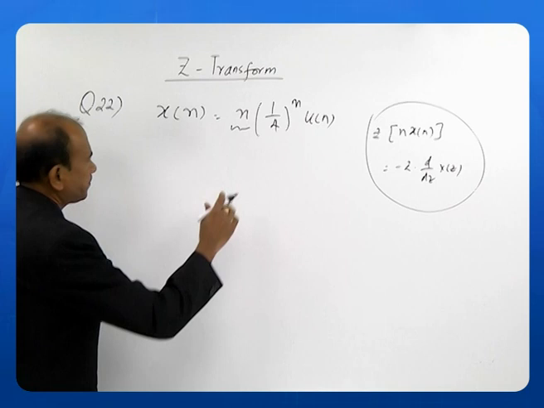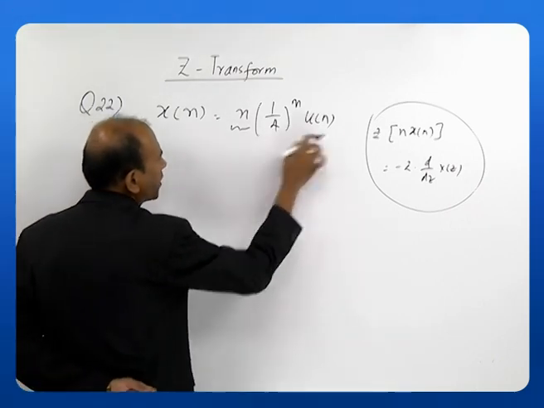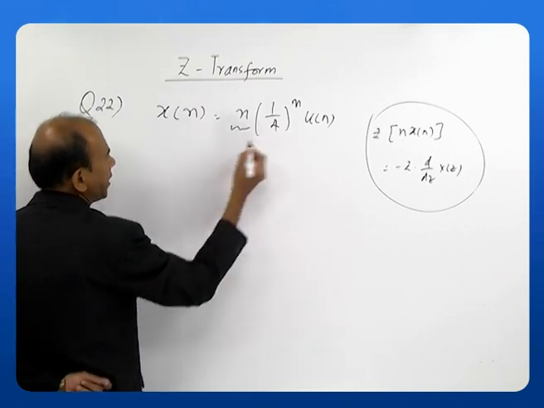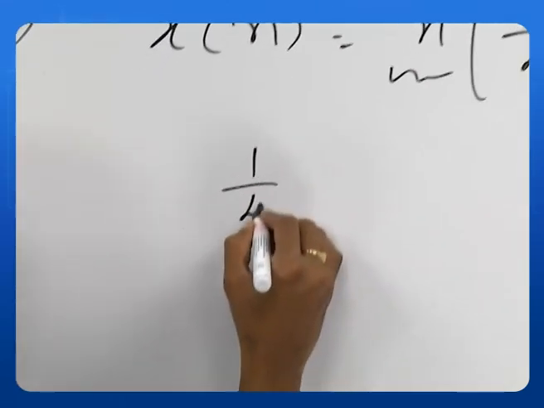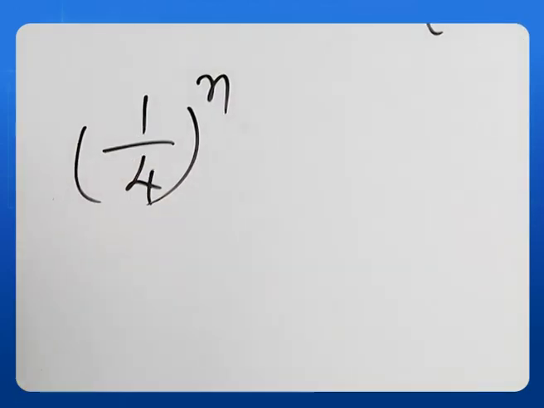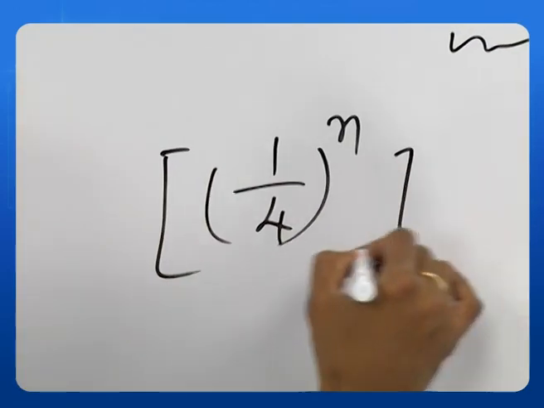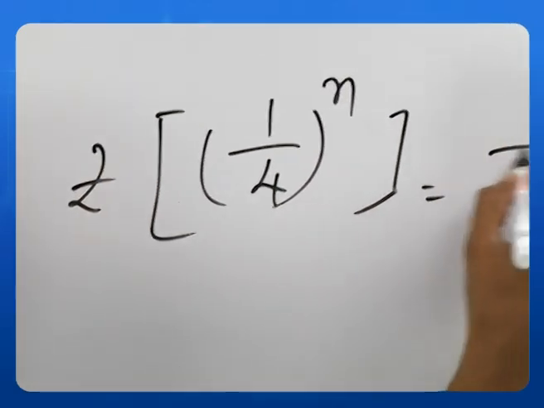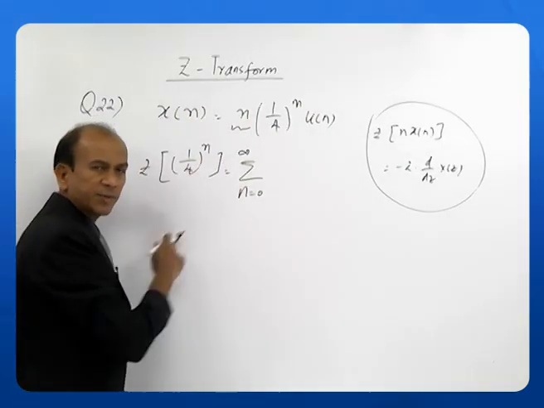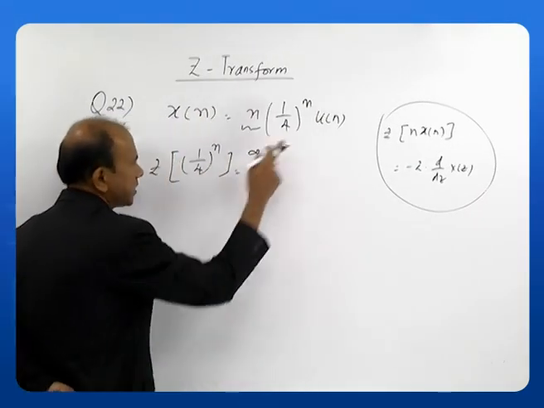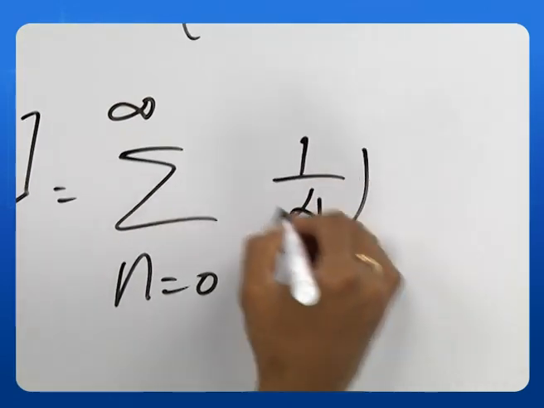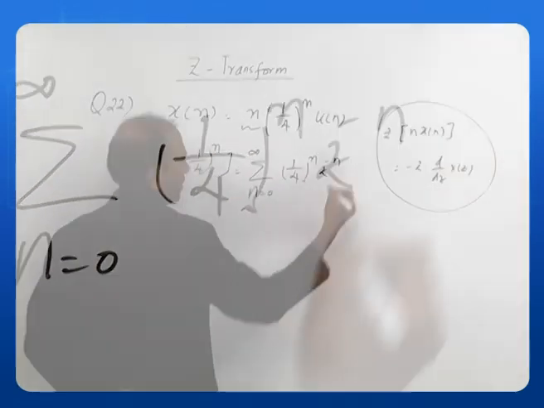So now let us see. First of all, let us find out what is the z transform of this. So let us just write down this 1 by 4 to the power of n, u of n, that means n greater than or equal to 0. Z transform of this will be summation n is equal to 0 to infinity, because this is greater than 0, so n is equal to 0 to infinity, 1 by 4 to the power of n, z to the power of minus n.